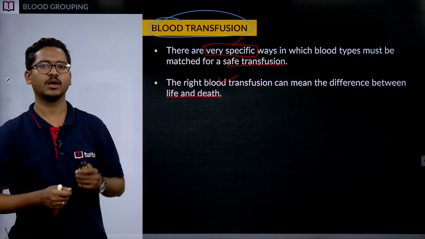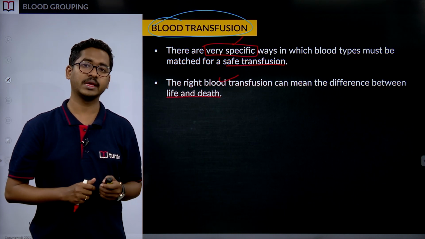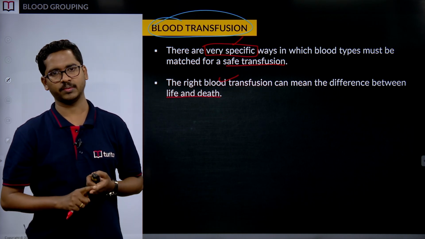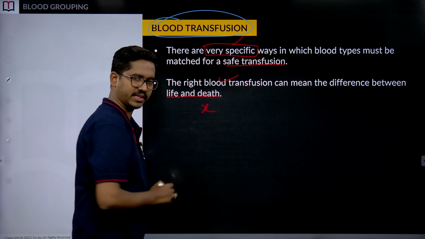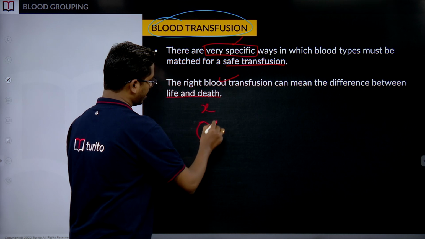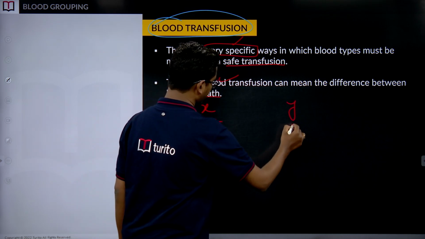And of course, before transfusion the blood has to be tested for several infections, if any. For example, if there is a person named X who needs blood, that is O positive, let us say, and there is another person with the very same blood group.